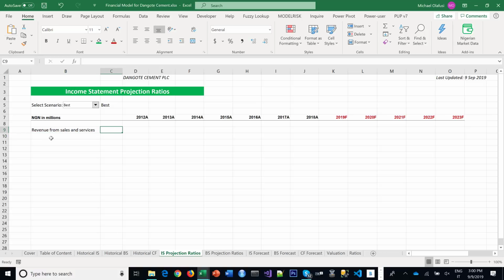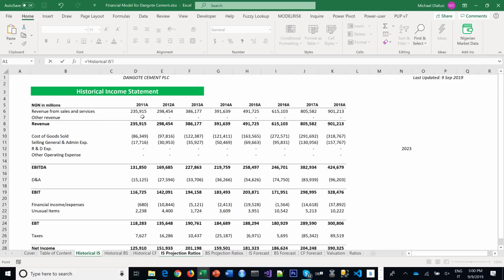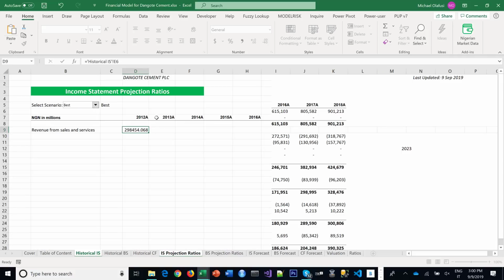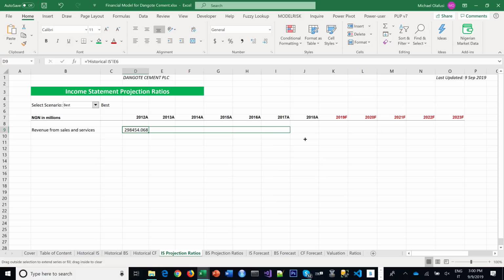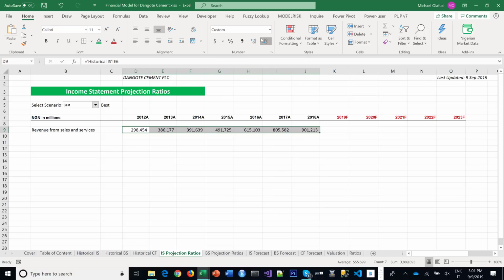And so how do I want to forecast it, right? So first of all, let's bring in the actual. So I come in here and say this is equal to 2012. I drag all the way into the future. I tell it to retain the comma separated style.